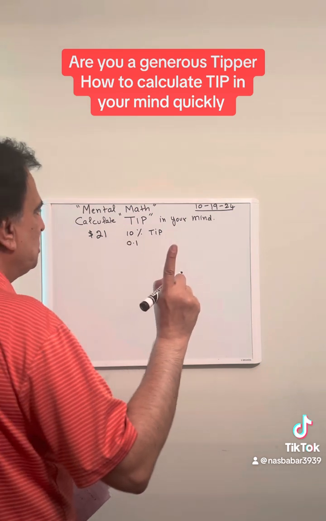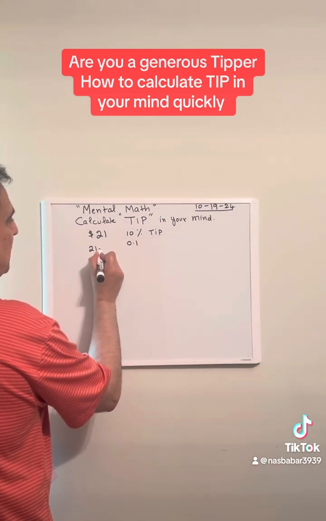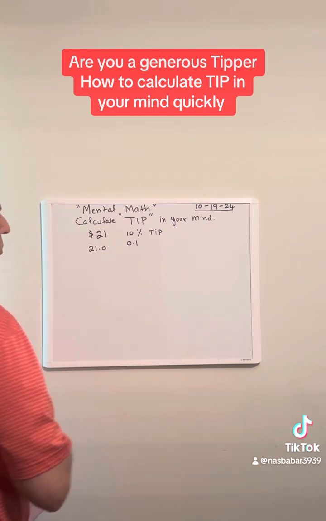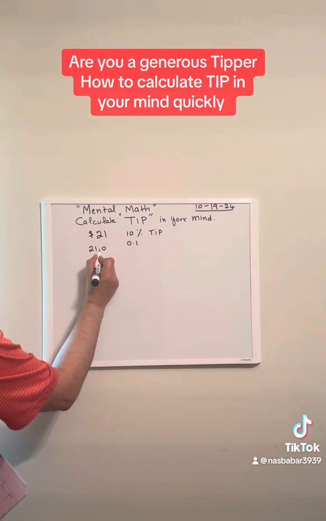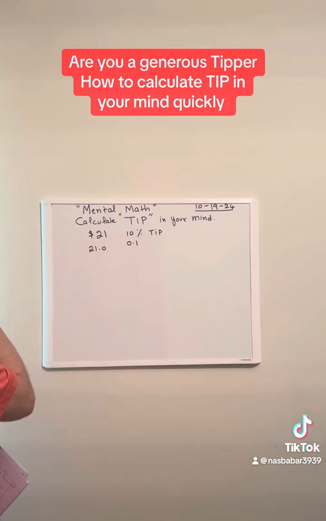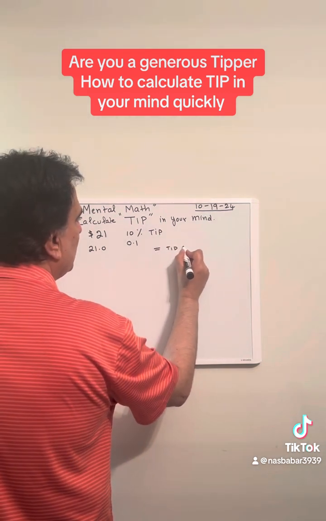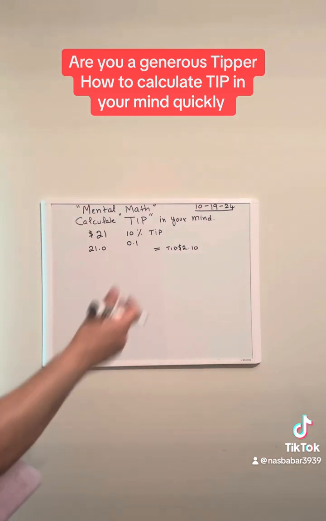One thing I like to mention is that 21 has an implicit decimal, and then it has a 0. So for 10%, all you do is shift this decimal 1 to the left. So then your tip would be $2.10. So how's that? Quick, right?